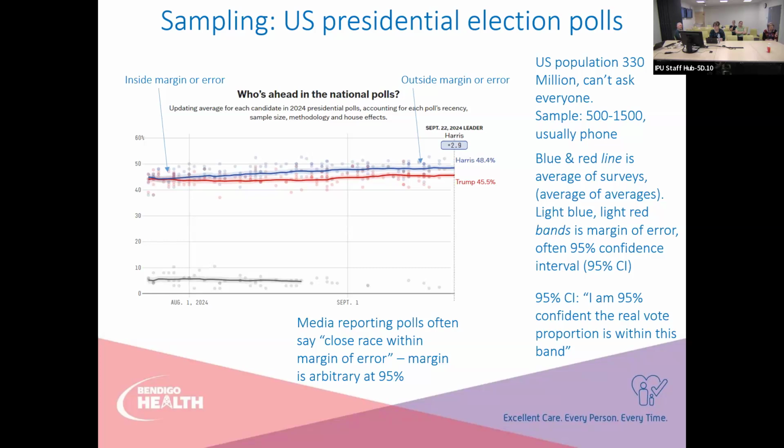That's a way of saying we are 95% confident that the real voting intention is in this band somewhere. But even then, it's only 95% confident. Just through chance alone, the actual intention to vote for one of those two candidates can be outside that zone 5 times every 100. And that's not even taking into account our sampling bias. Let's go to the next one.